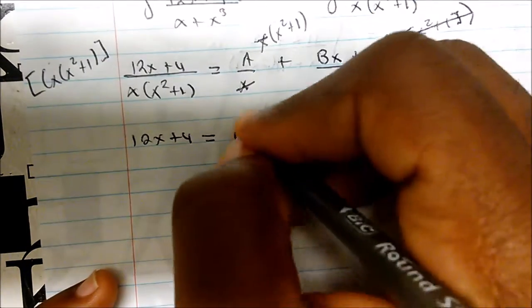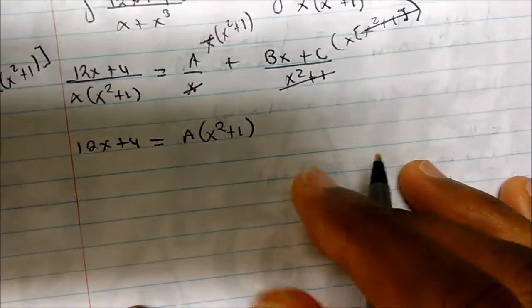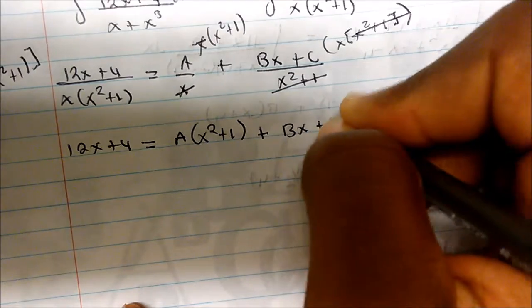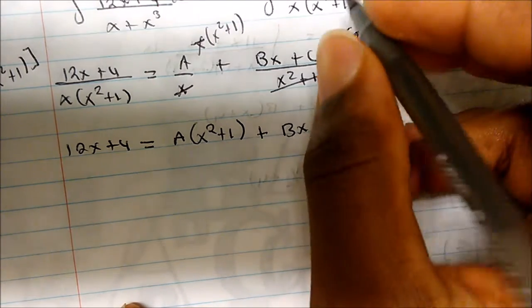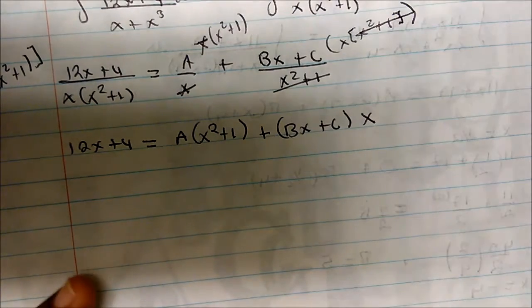So I'll only be left with an x. And here I have an x, so I'm only left with x squared plus 1. And so this becomes 12x plus 4, and that is equal to a times (x squared plus 1), plus (bx plus c) multiplied by x.